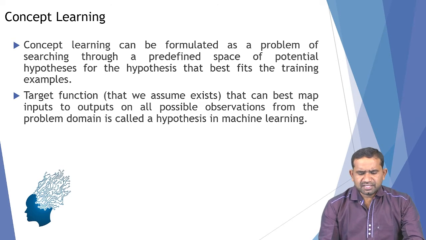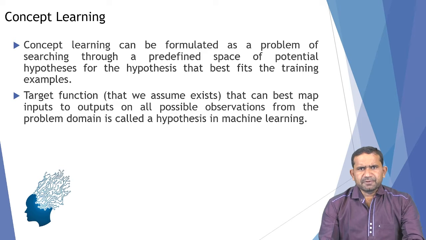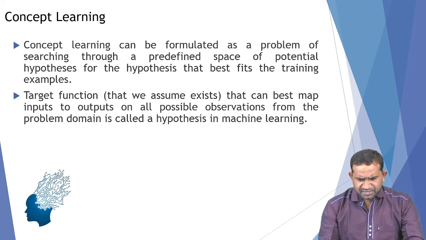So what is the definition of a hypothesis in machine learning? It is a target function that can best map inputs to outputs, and all possible observations from the problem domain.